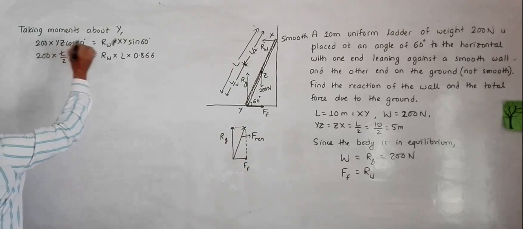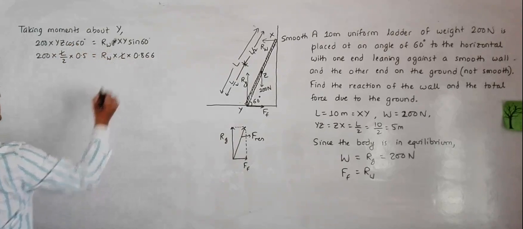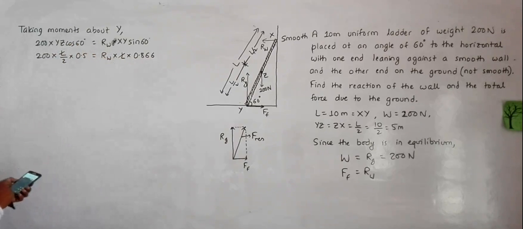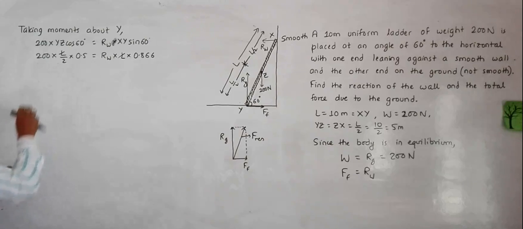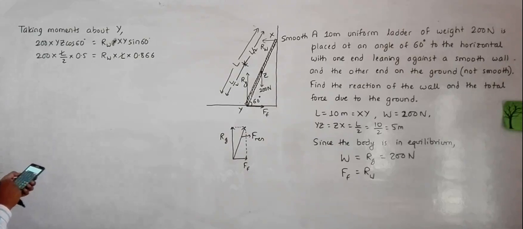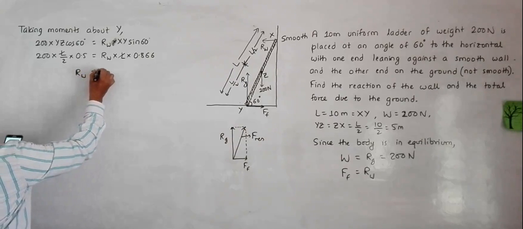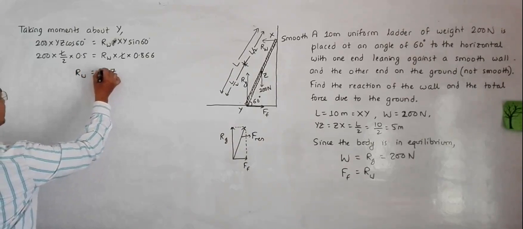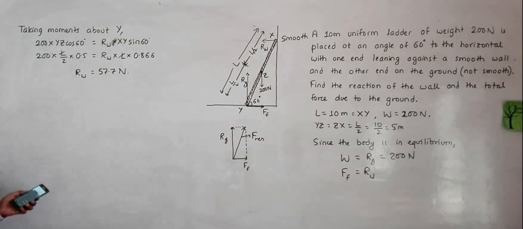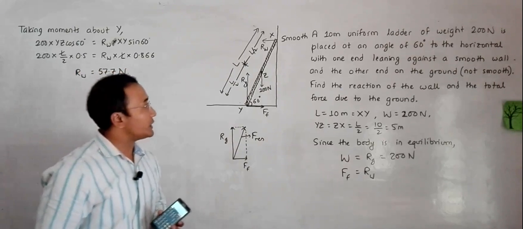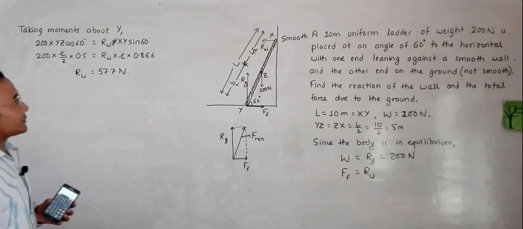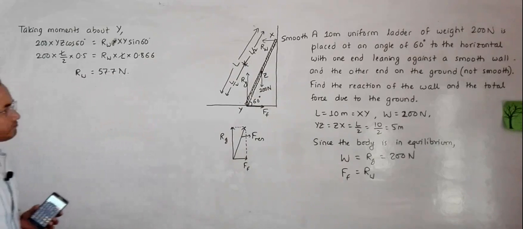So we can cancel this L and L. So it will be 100 into 0.5, 50, divided by 0.866, so this Rw comes to be equal to 57.7 Newton. So Rw, the reaction of the wall, is equal to 57.7 Newton.